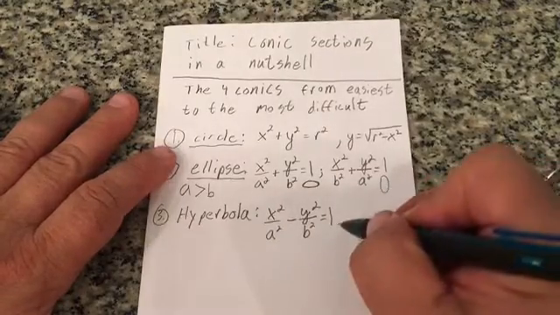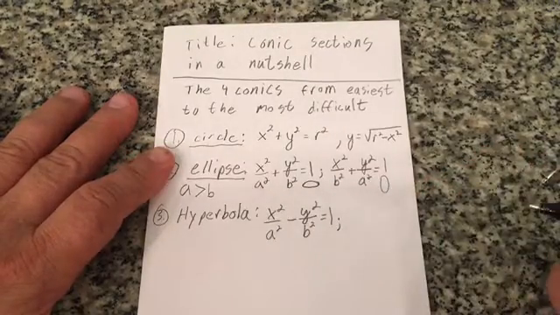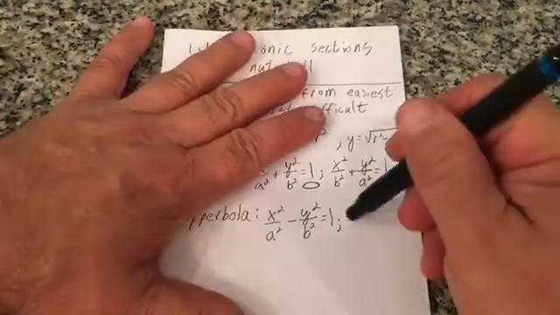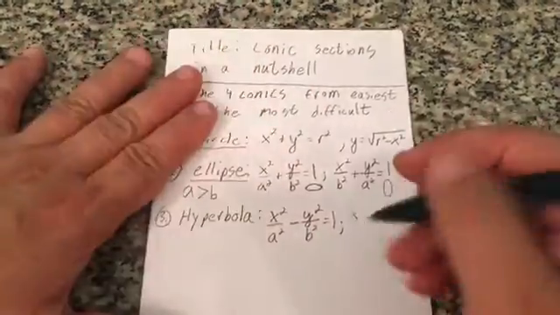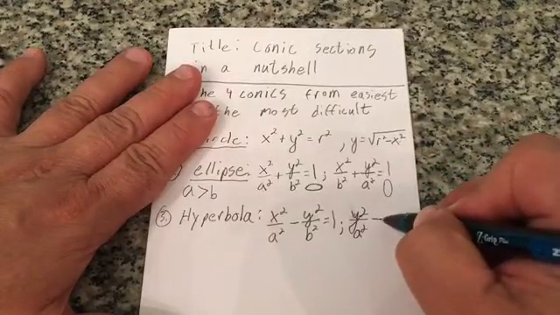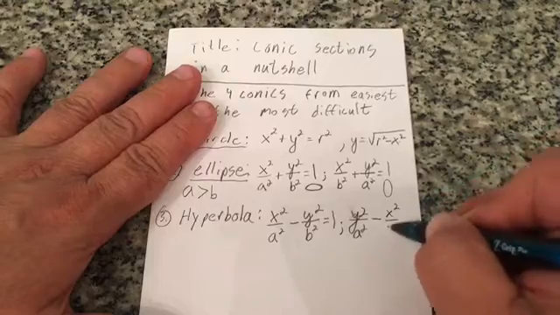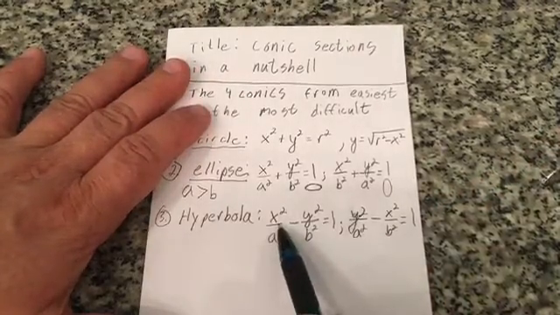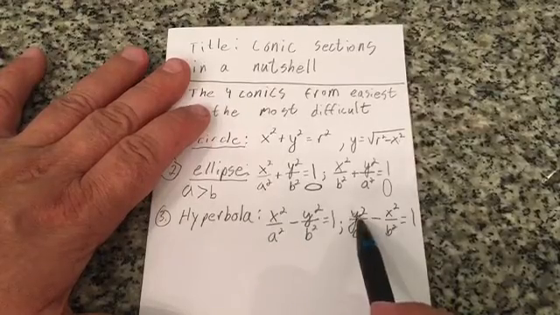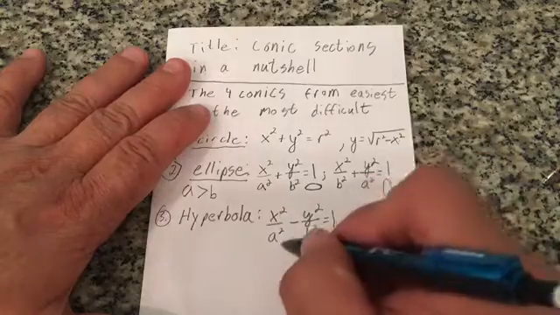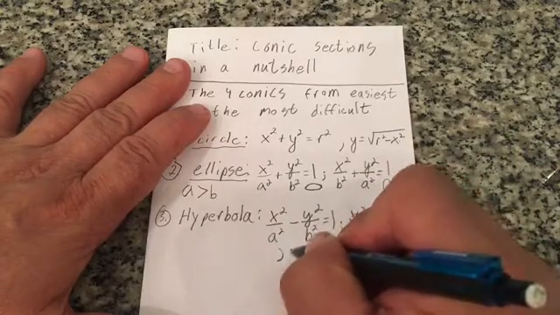The other formula for a hyperbola is actually going to be y squared over a squared minus x squared over b squared equals 1. Notice when the x squared leads and then the y squared leads. When the x squared leads, it's actually going to look like this, the hyperbola shape.